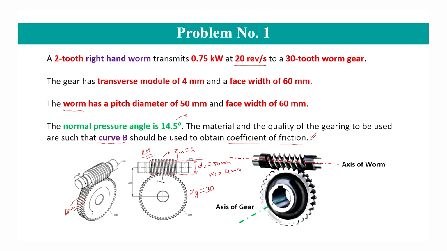Because in the worm and worm gear, the motion is pure sliding, and so there will be an appreciable amount of friction. There will be loss of power due to large sliding velocity. So, in the case of worm and worm gear, we have to find the loss of power due to friction, and so we need the coefficient of friction.